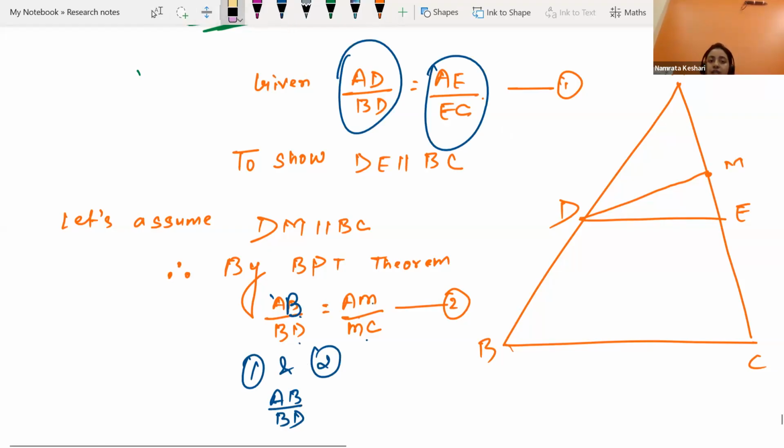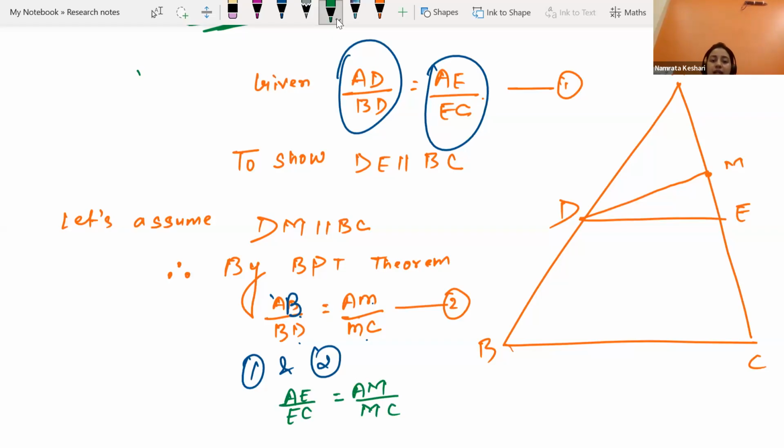So both the left sides are equal, so we are comparing these two equations. We will be saying that the right sides will also be equal. So from here we are getting AE by EC is equal to AM by MC. Right? This much we have done.